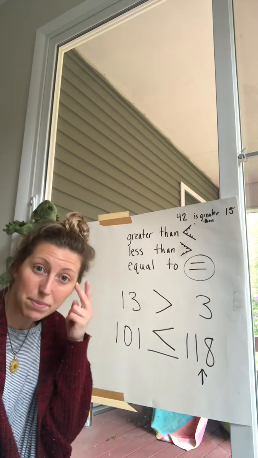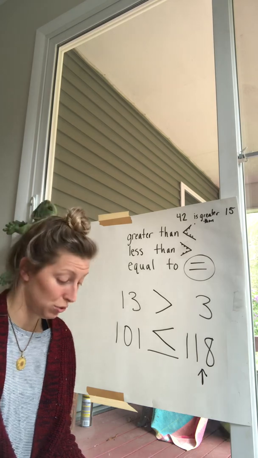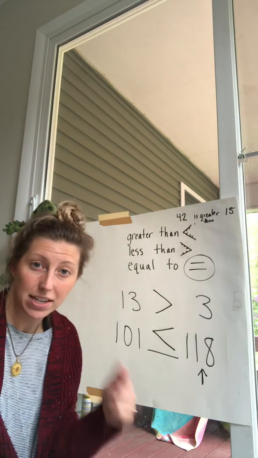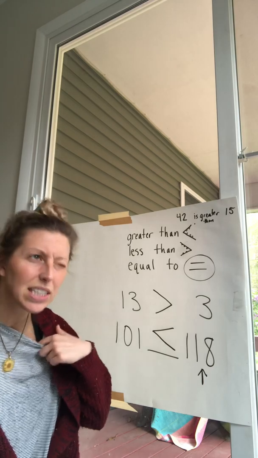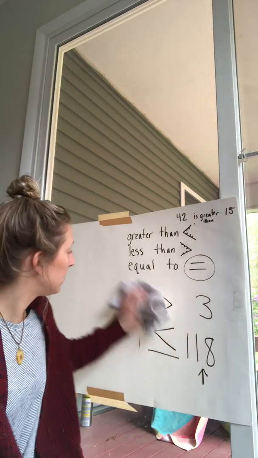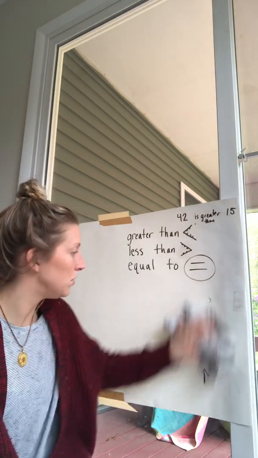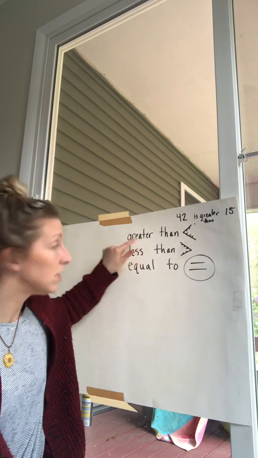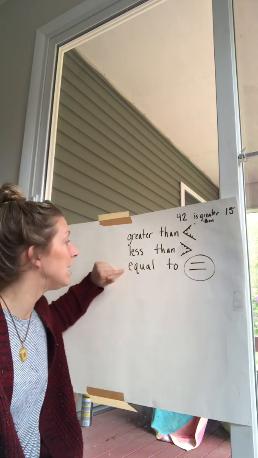So it has to make sense to you. A lot of times I say it out loud so I can hear myself say it, and then I can really understand, does that make sense? Okay? So we have symbols for greater than, less than, and equal to.